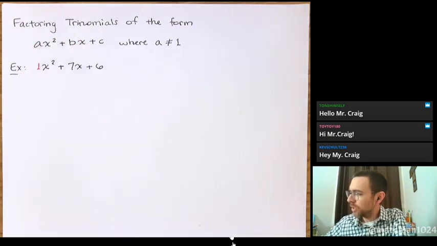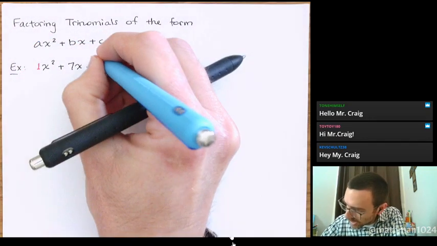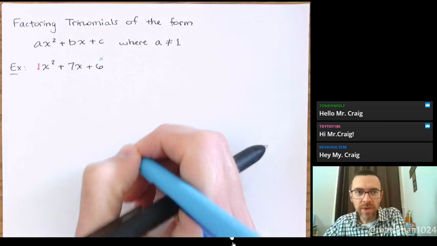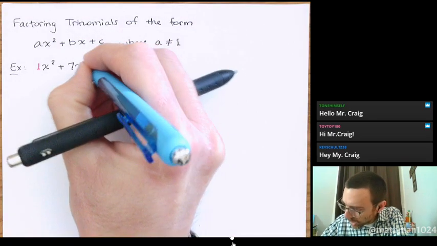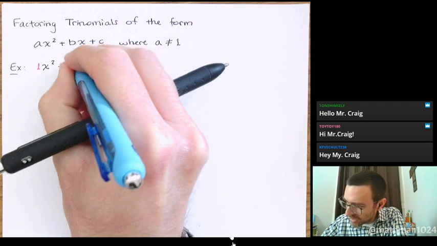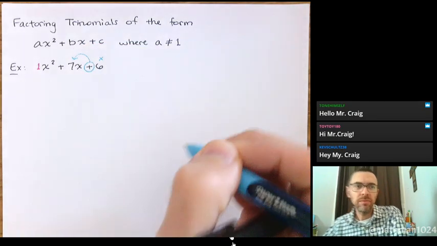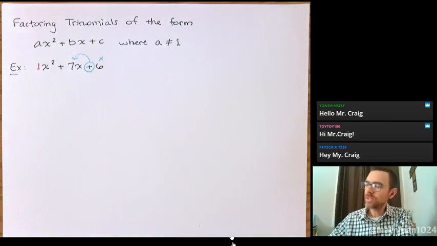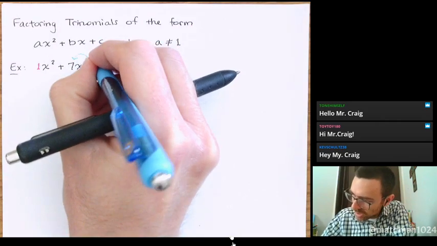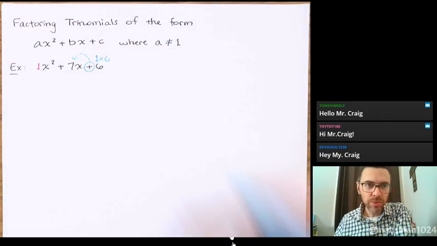And as long as that lead coefficient is 1, we just have to look at the constant term, find factors of 6, and one of those factor pairs of 6 has to add to 7. Again, this was the nice, easy stuff that we did yesterday, and we say 1 and 6 would be that combination that we want to use.